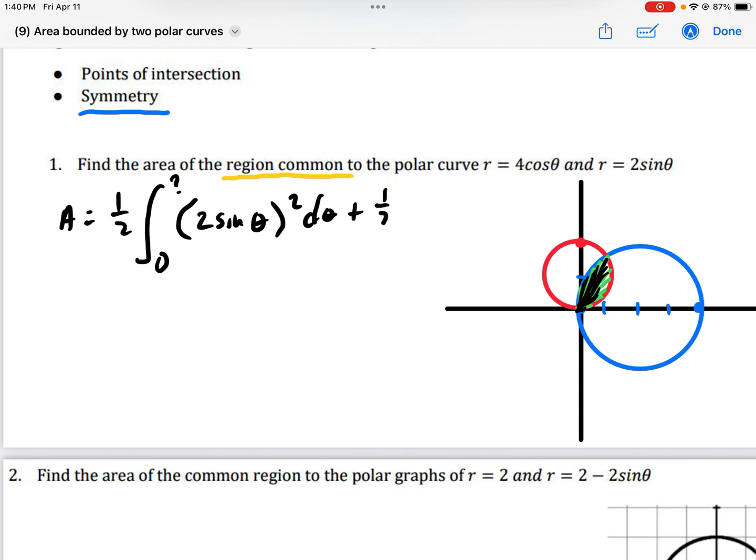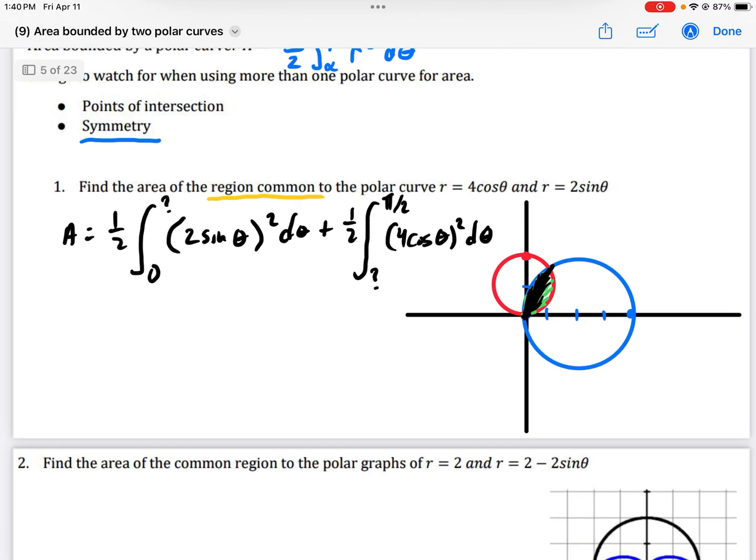I'm going to add that to 1/2 the integral from question mark. I get my radiuses starting at theta, where they intersect, all the way to pi over 2. And that one is going to be from the blue function, where I get my radius. The blue function was 4 cosine of theta squared d theta.